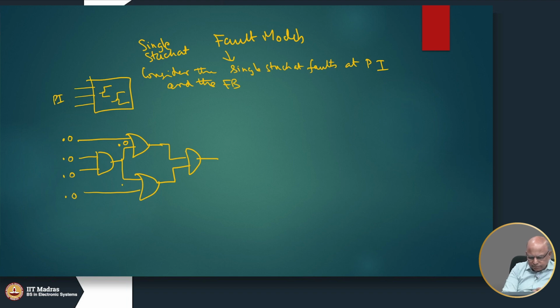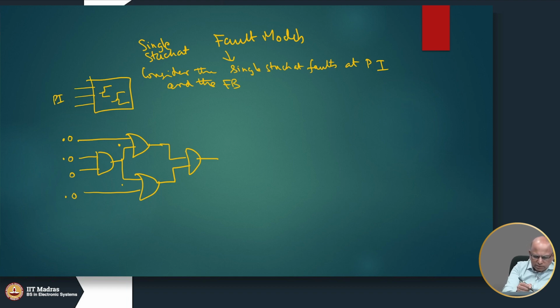Similarly, the stuck-at 1 fault here and the stuck-at 1 fault here are the same, so I can eliminate this also. In the same way, there is an AND gate, the stuck-at 0 and the stuck-at 0 are the same, so we can eliminate this also. So, we have brought it down to 1, 4, 5, 7, 8, 9. So, 9 faults.